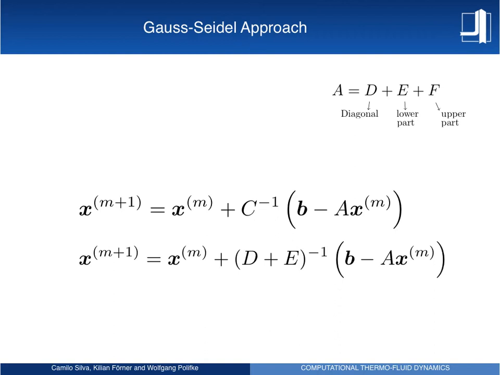We could eventually, but for today's class we will not, use the inverse function on d plus e, introduce the actual inverse of d plus e, and compute the whole Richardson iteration. But we will opt for a better method, and you will see it is very interesting how we are able to solve this equation without actually computing the inverse of d plus e. And this is something I will explain right now.